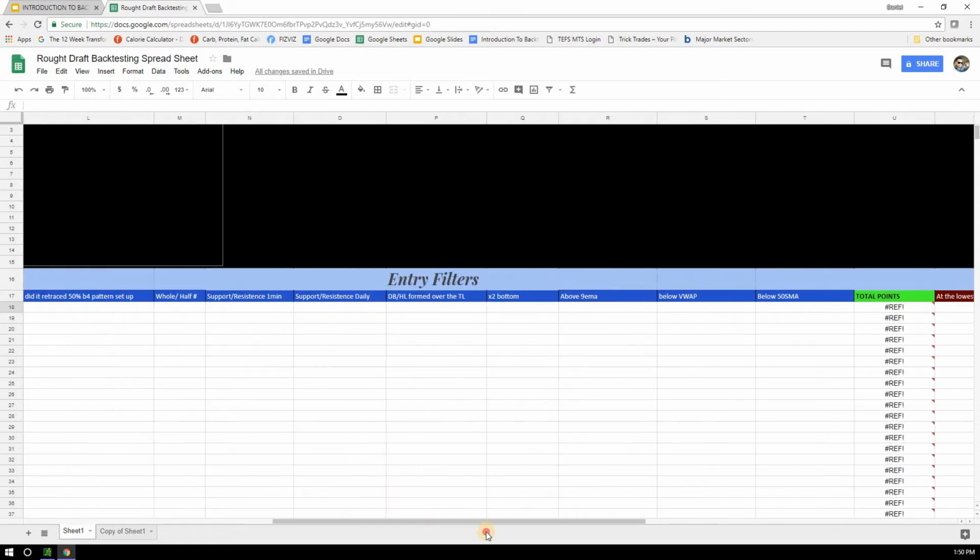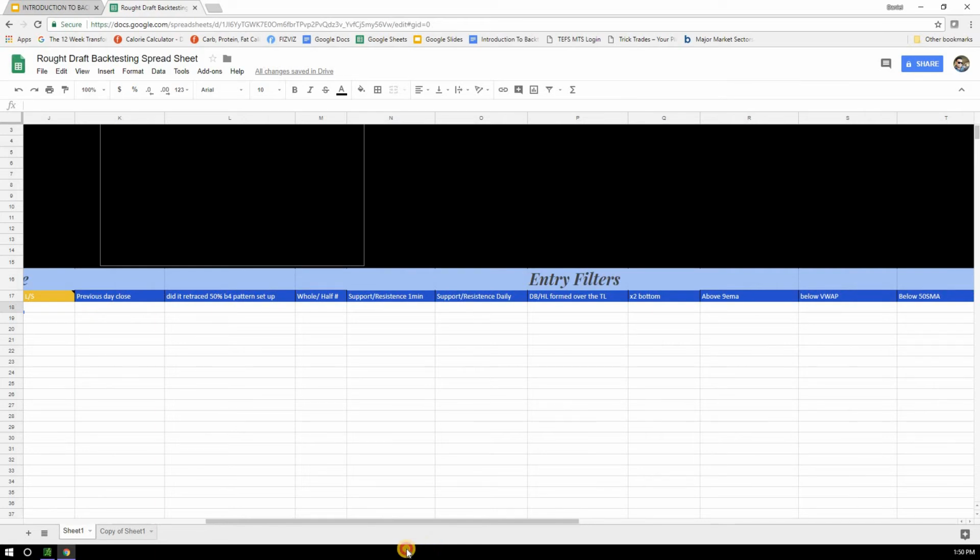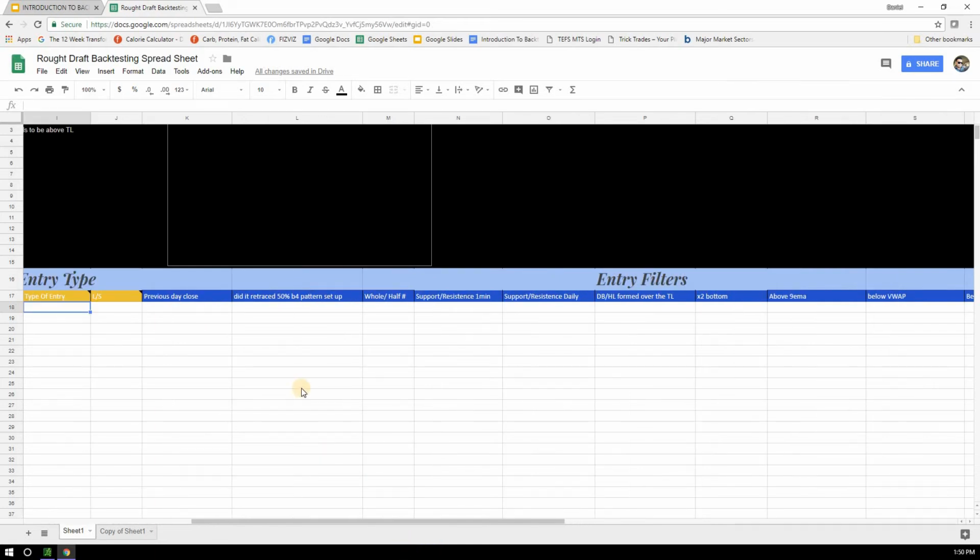So I'm gonna give you an example. Obviously, you guys don't know the setup that I'm trading, but just to show you guys what it is that we're doing. So previous day's close, market tends to respect that a lot, you know, where the market closed from the day before.